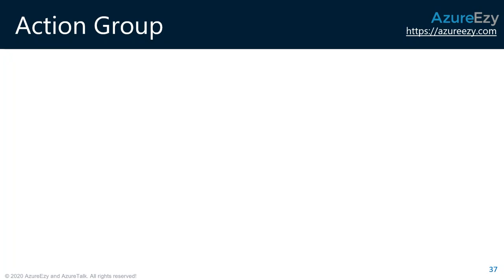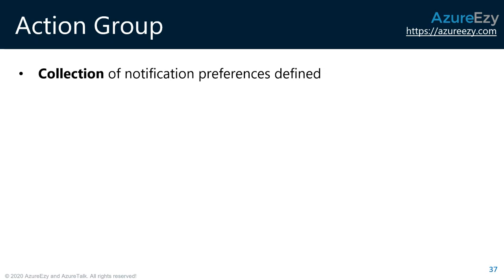Okay, when we say action group, what is it? An action group is actually a collection of notification preferences. It means how we want to notify. We can notify by email, by phone, or using some push notification.